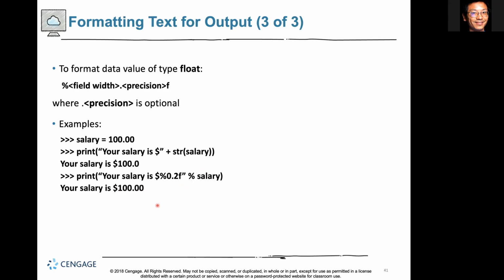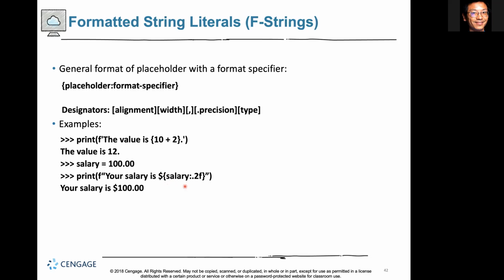This is equivalent to what you saw before right here. Now we're going to use it this way. We'll no longer use a second operand with the percent; this will all be part of that string. Inside it, we have this placeholder where it's going to evaluate expressions directly. So you can read it like: your salary is salary, and then we just format it this way.